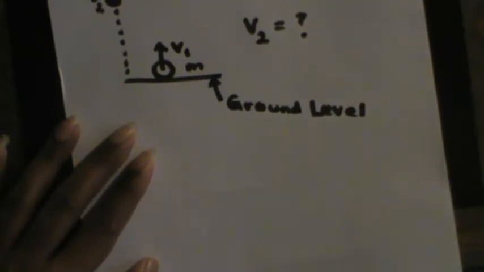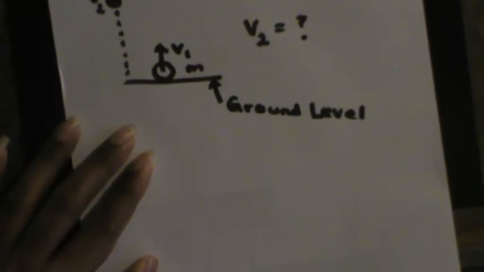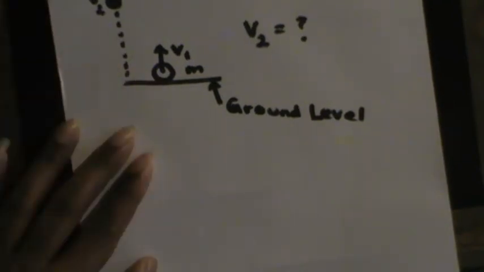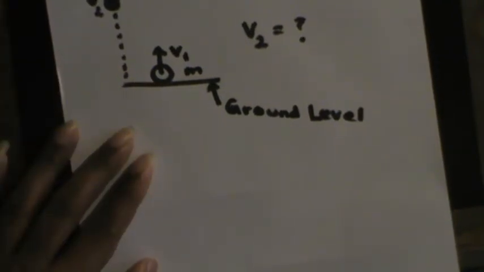Now you know from mechanics that in order to apply the conservation of mechanical energy here, that means the mechanical energy, what I mean is there's no rotational kinetic energy, the summation of kinetic energy and potential energy.